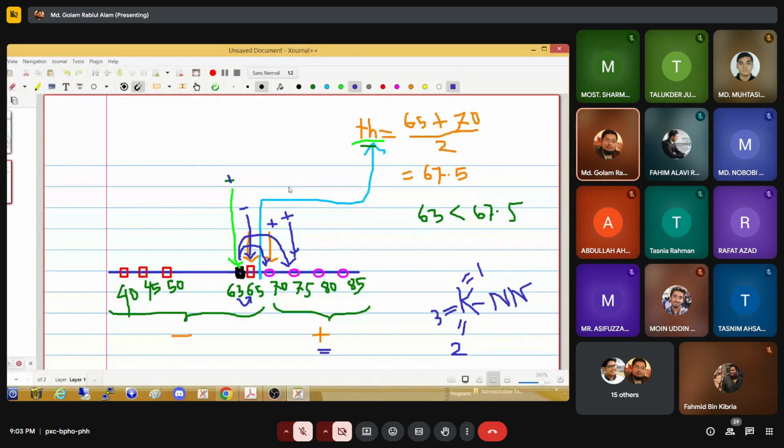If you consider more K, then maybe it will find this one, and so on. So that means there is a problem in explanation. For K equal 1 it is fine, but for larger K the explanation will be reversed.